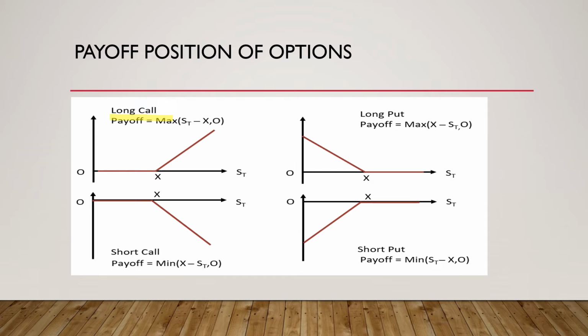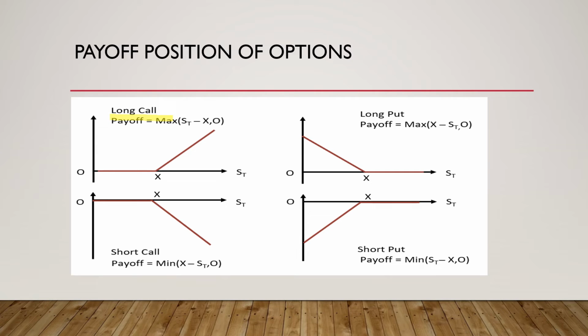It means that for a buyer of the call option, payoff can never be negative. The minimum value of the payoff is going to be 0. So 0 is the payoff in the worst case scenario. That is why the buyer of a call option never loses more than the premium, because the payoff can at worst be 0. It can never be negative.